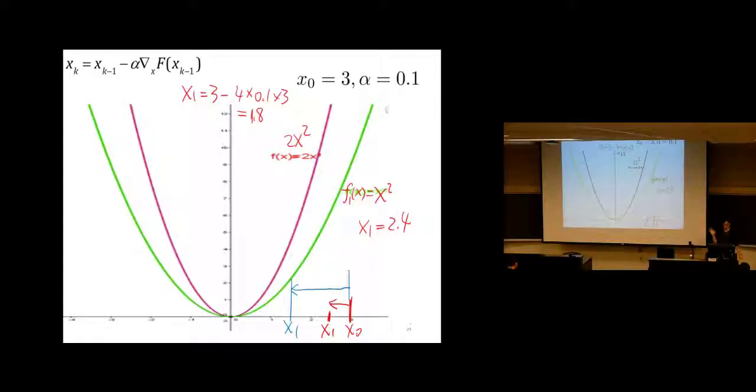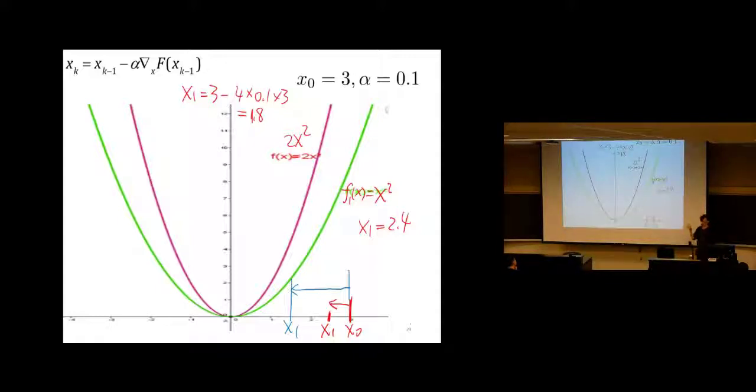For example, I always start from x0 equals 3, learning rate is 0.1. If I'm on the green curve, it will push me to 2.4. We already calculated the quadratic gradient is 2x, right? If you are on the purple curve, the gradient is 4x. It really pushes a lot more.